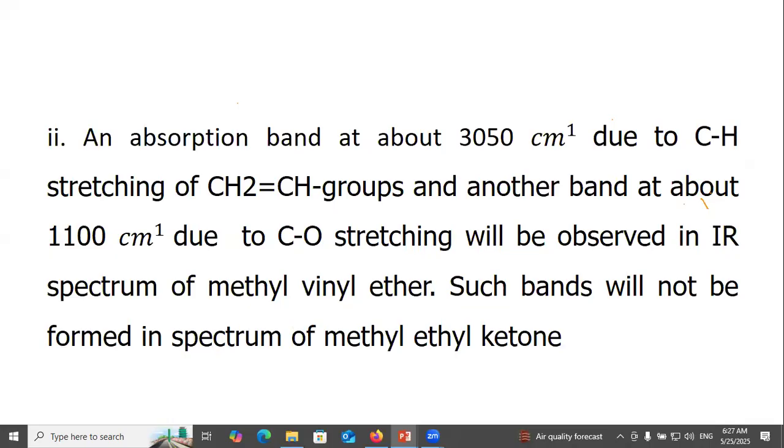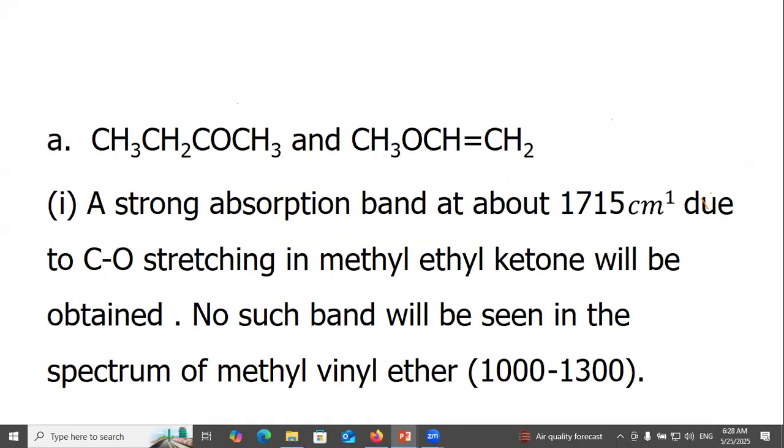Absorption about 3050 per cm due to C-H stretching of the double bond CH group. Another band about 1100 per cm, the C-O stretching, will be observed in the spectrum of methyl vinyl ether. Methyl vinyl ether is structure first, not second. Okay.